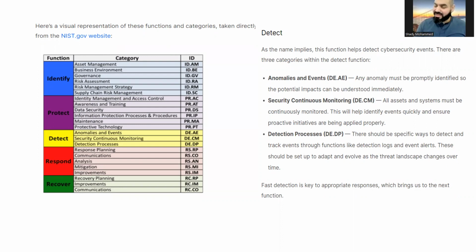It's called the NIST 800 series. Maybe I talked about it before, or maybe I didn't, but the 800 series is controls. It tells you how to secure, how to implement a firewall, for example. Here the framework is saying, you know what? In protection, you need to implement data security, and data security means you need to protect the data at rest and in transit. Data in transit means the data is moving, coming from outside to inside your network.